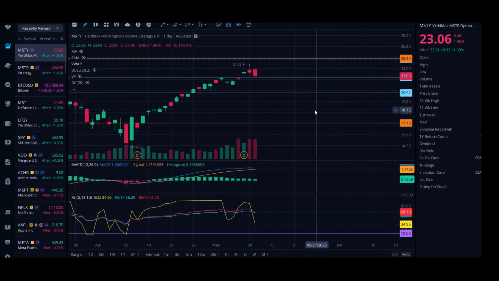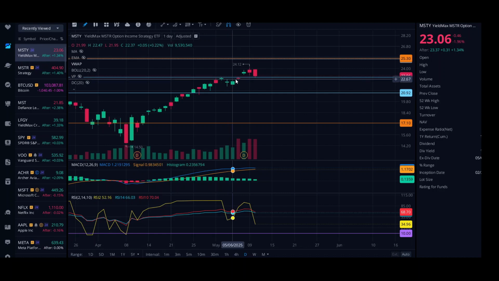Okay, so here we are on the MSTY chart. And as you can see, today it did close at $23.06. So it was down about 46 cents or almost 2% for the day. I had this little blue line right here. It was bumping it at the bottom here, so it was somewhat of a resistance a few days ago.